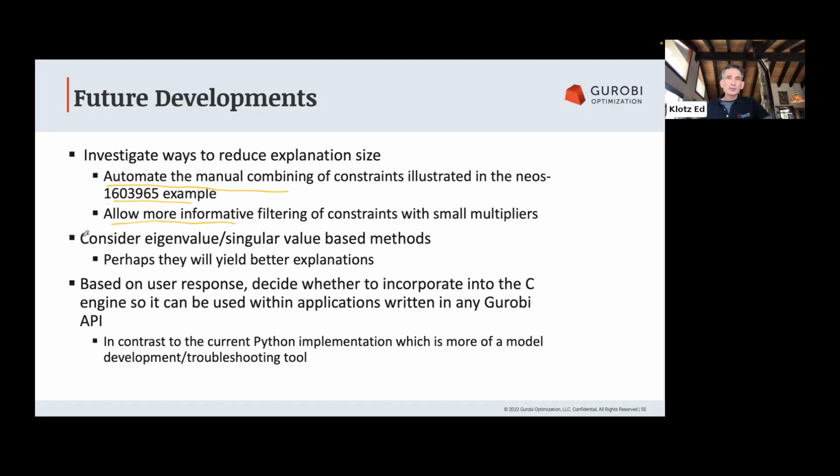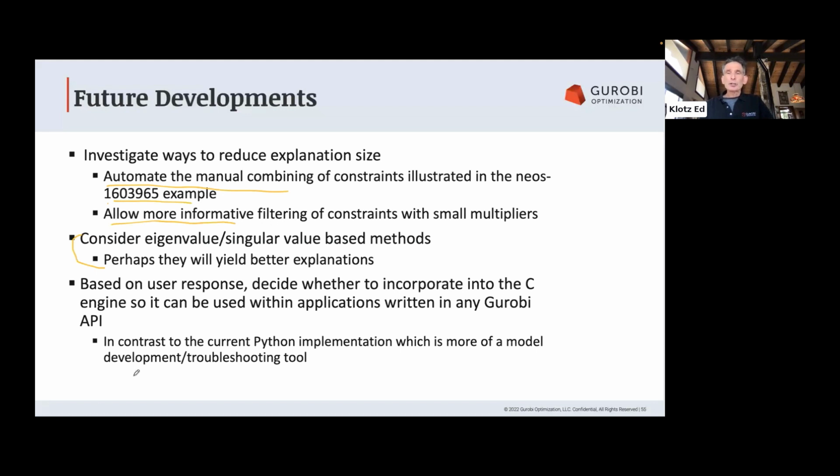That includes things like considering eigenvalue and singular value-based methods. And so we'll probably have a new version out within a couple months that will have some of these features in it. And then we'll see how people respond to this.